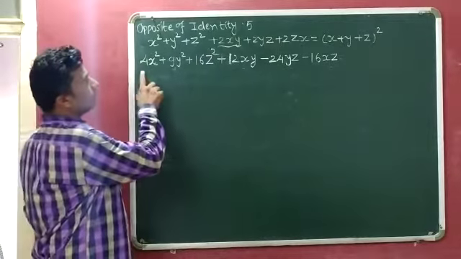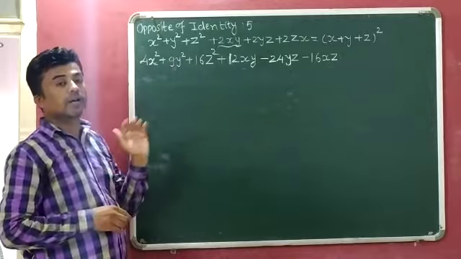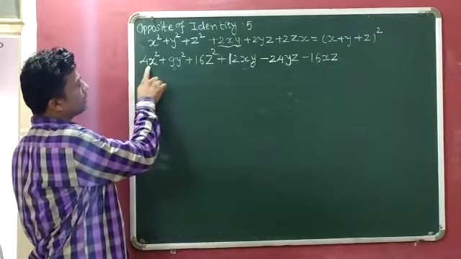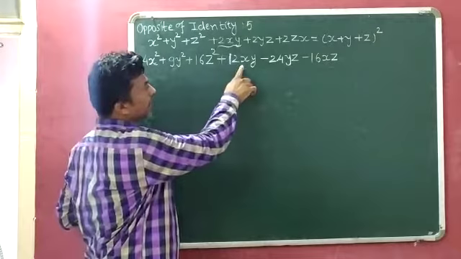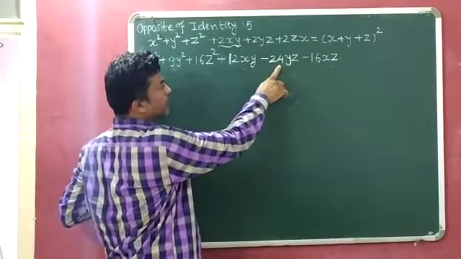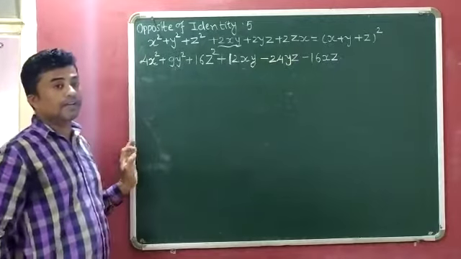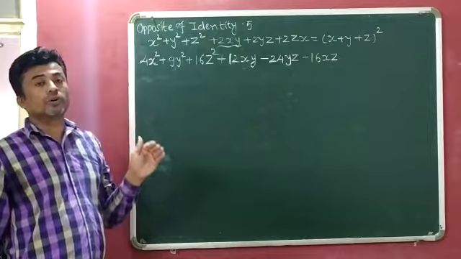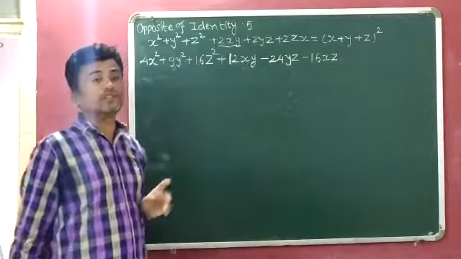So see children, here a question is given to us and the heading of the question is factorize the following: 4x square plus 9y square plus 16z square plus 12xy minus 24yz minus 16xz. First we will identify the square root of the first term, second term and third term and then we can arrange the other terms.